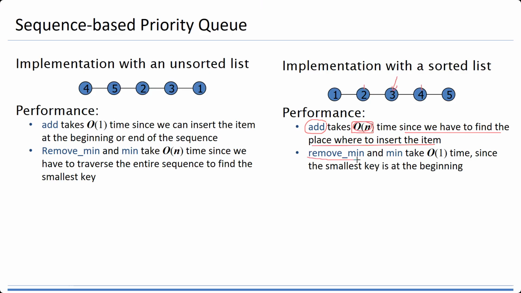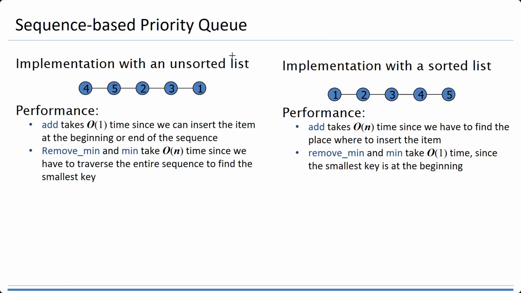And the remove min or finding the minimum value will take O(1), because I already know that the minimum will always be at the front. Since the smallest key is at the beginning, I always know that the beginning is the minimum key.